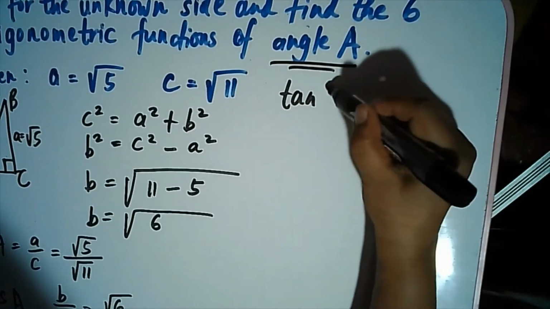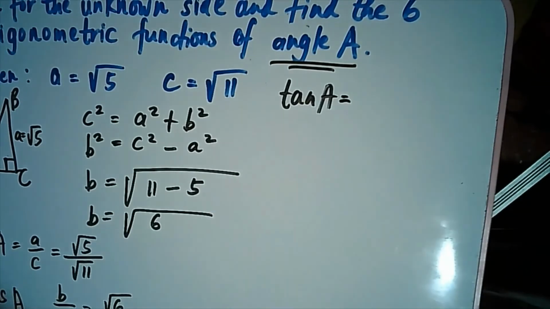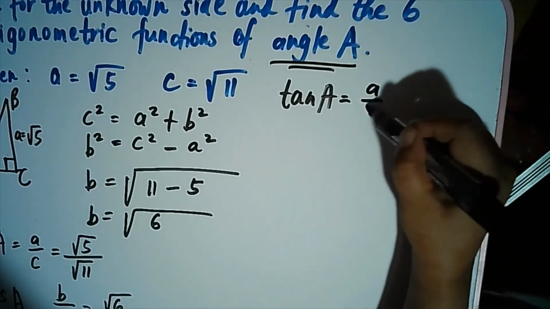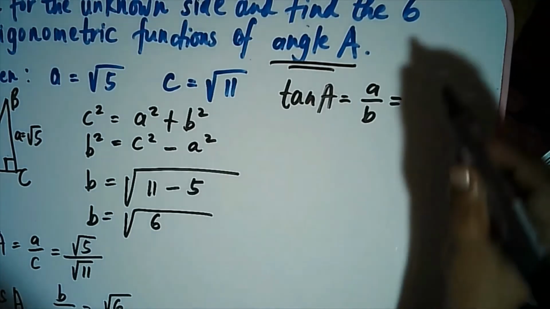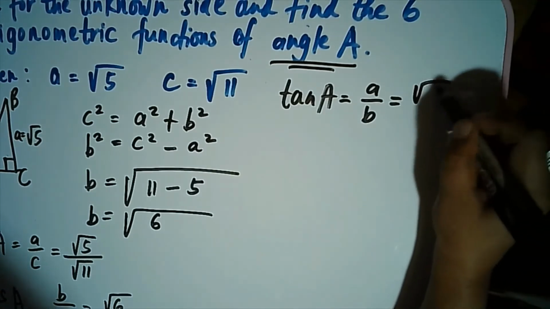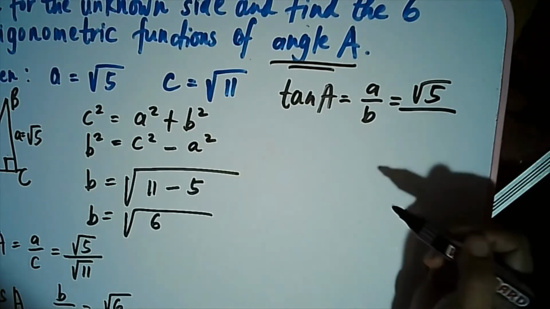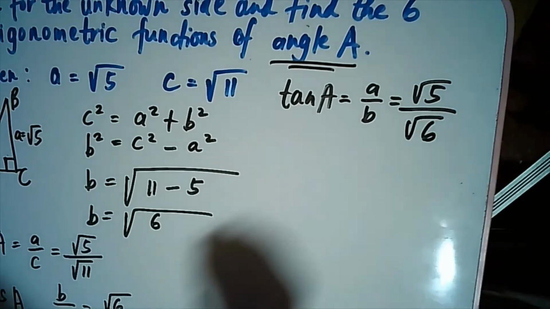So tangent A is equal to A over B, or the opposite side over the adjacent side to A. So A is equal to the square root of 5 over the square root of 6.